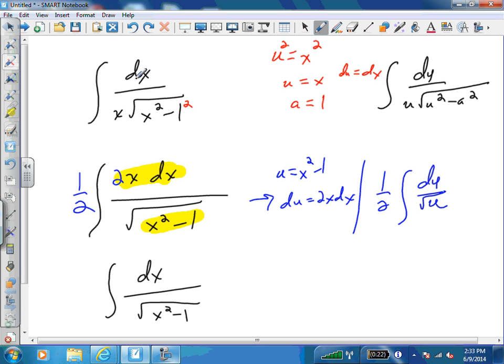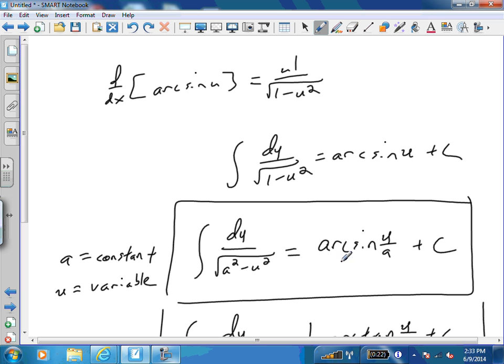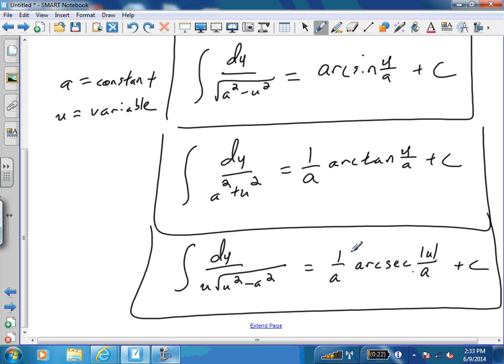Dx. So we basically have du over u square root of u squared minus a squared. We have that, which integrates into one over a arc secant absolute value of u over a.